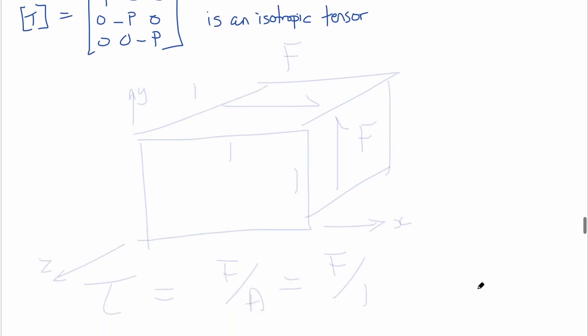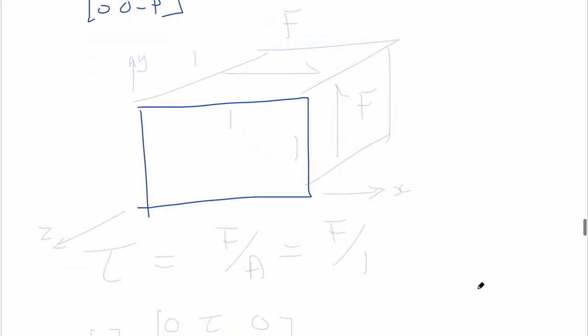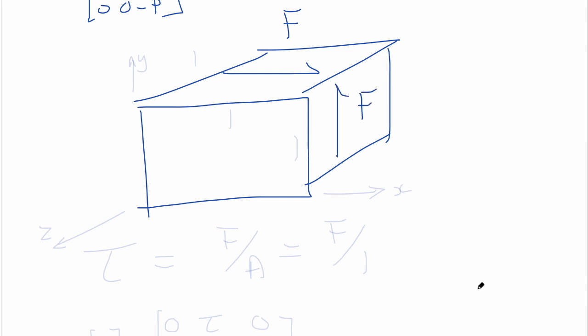In this example, let's imagine we have a unit cube with lengths 1 in each direction and shear tractions F acting on the y face in the x direction and on the x face in the y direction. So these define shear stresses tau xy and tau yx.